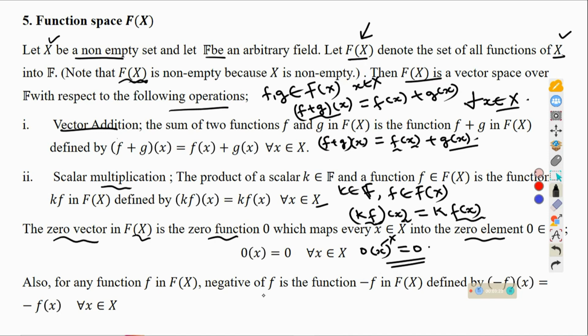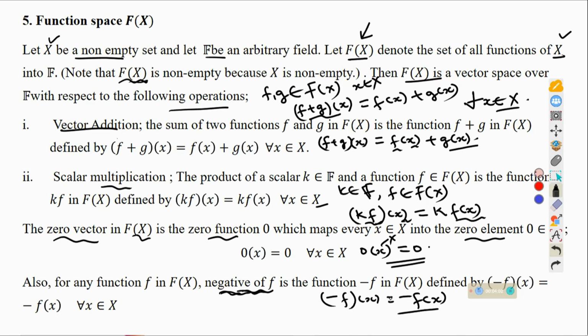And when you talk about the negative function, especially if you want to show that there exists an inverse, or talk about the additive identity, then you need to know about this negative function. We obtain the negative of f by defining negative f of x to be the same as negative of f of x.